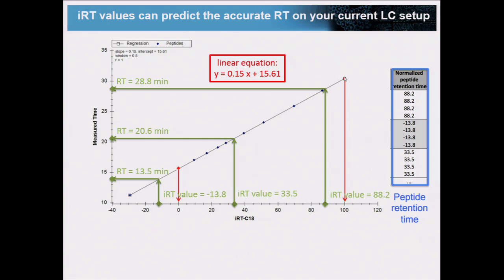So now, based on these iRT values that I stored and that were independent of the chromatography, I measured once the retention time of these iRT peptides, of these retention time standards, and then for all the other transitions that I had, I just predicted the retention time based on their iRT values. So I needed to measure 11 peptides to make the linear equation, but then I can predict for hundreds or thousands of peptides their retention time based on this linear relationship. So we move from an iRT value that is provided in a table, stored and transferred, into a predicted retention time in minutes.